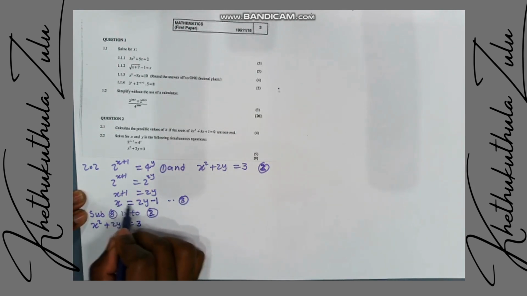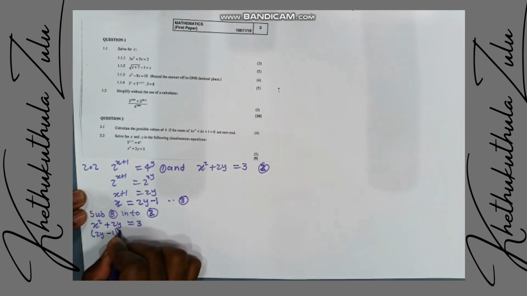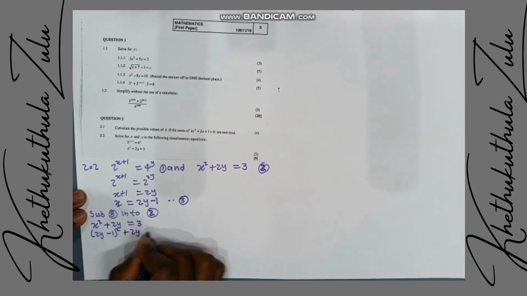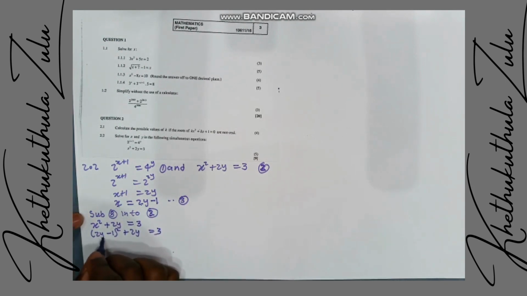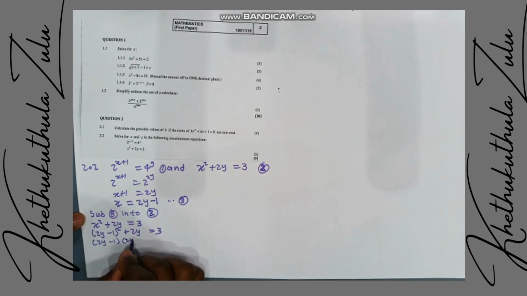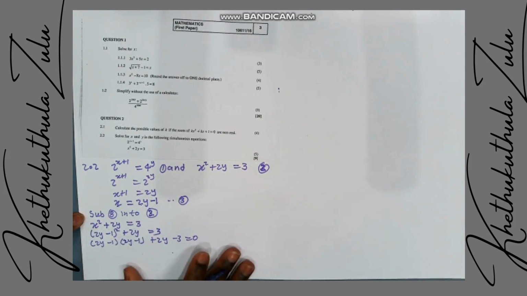It is saying where there is x, we put 2y minus 1. So we say 2y minus 1 all squared, then plus 2y is equal to 3. Then take this 3, minus 3 is equal to 0.